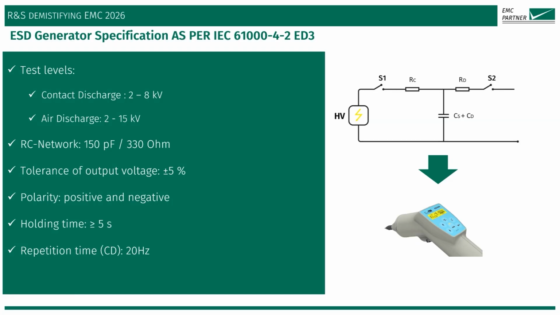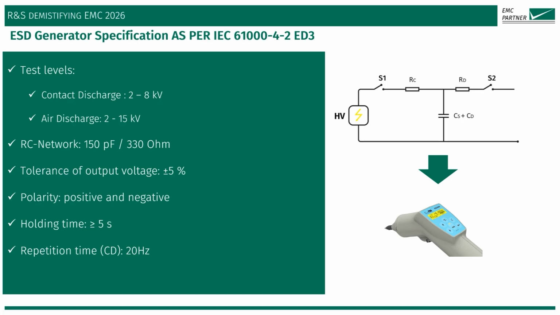We will focus on the commercial ESD standard IEC 61000-4-2. Please bear in mind that there are other standards for ESD, like the automotive standard, the military ESD standard, or semiconductor standards. The commercial standard was updated in 2023 and came with new important updates. The test level remained the same, contact discharge from 2 up to 8 kilovolt and air discharge up to 15 kilovolt.